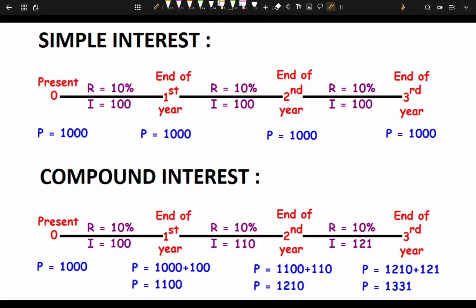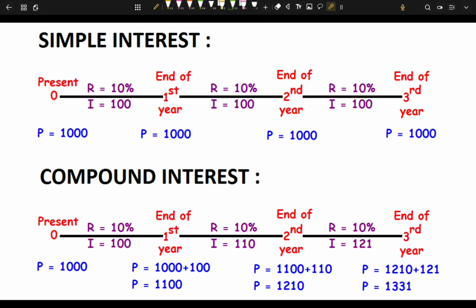Ibig sabihin, nag-grow ulit ng 100 pesos. So, after 2 years, 1,200. Kasi per year, ang growth ay 100. Sa una is 1,100. After 2 years, that is 1,200. After 3 years, that is 1,300. So, ganun. Papansinin nyo, yung interest na nakukuha natin per year is constant lang.